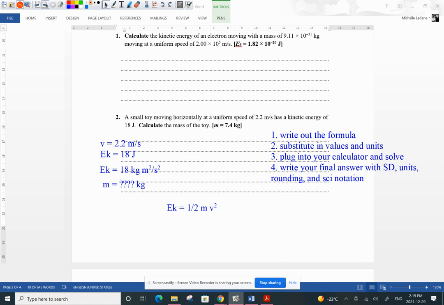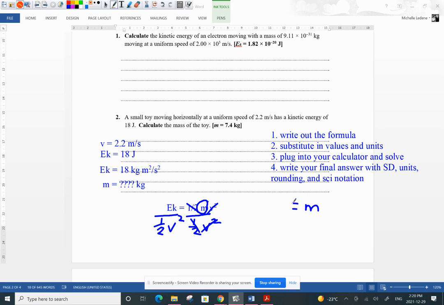Now we write out our formula. EK is 1/2 mv squared. This time we are solving for mass. So I have to divide out 1/2 v squared. If I do that to the right side, I've got to do it to the left side as well. 1/2 cancels, v squared cancels. What do I have left over on the right side?